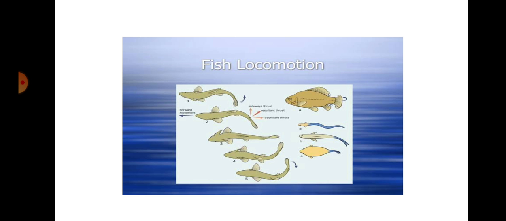It possesses a streamlined shape which enhances locomotion. Coordination between muscles and tail helps the fish to move. Fins aid the movement in the water. Fins and tail help them move, balance and change their direction in water.